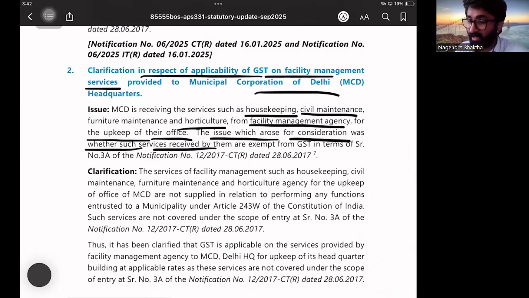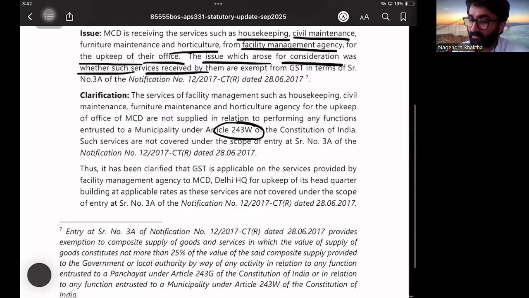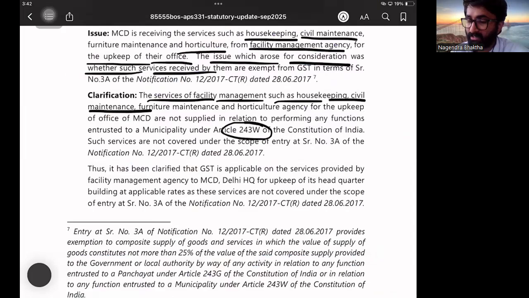See, given by them is exempt under article number 243W. Given by them is exempt, but received by them is exempt? No, that is not exempt given here. The services of facility management such as housekeeping, civil maintenance, furniture maintenance, and horticulture agency for upkeep of the office of MCD, Municipal Corporation of Delhi.